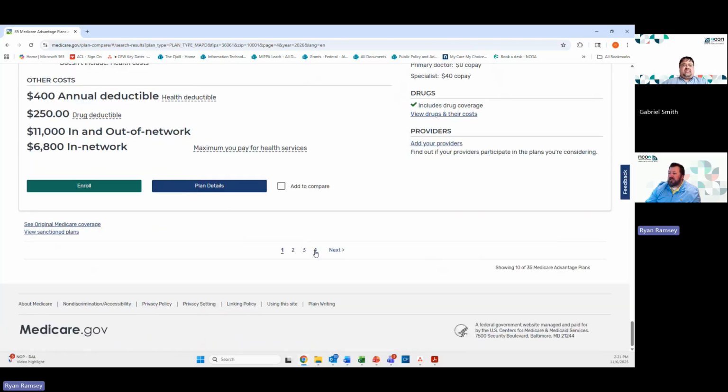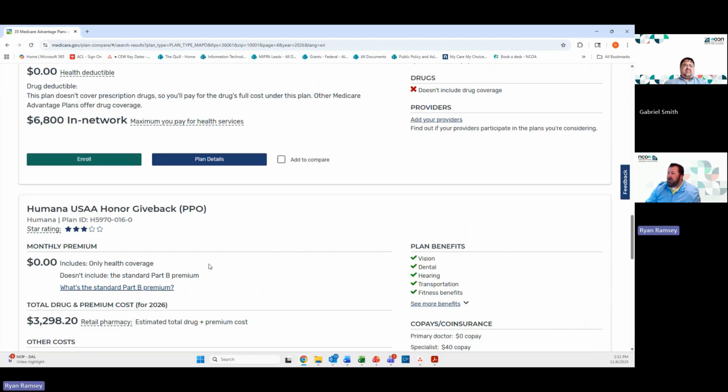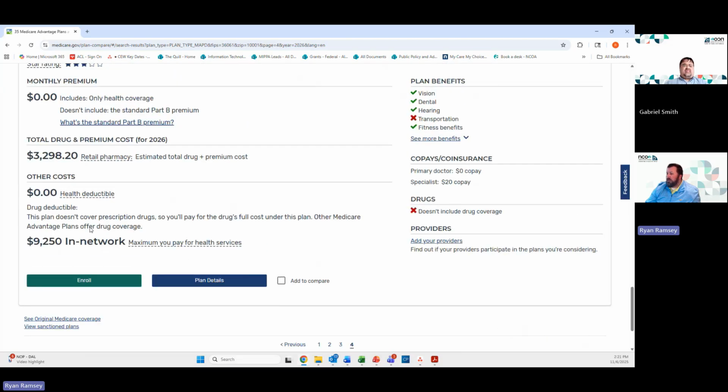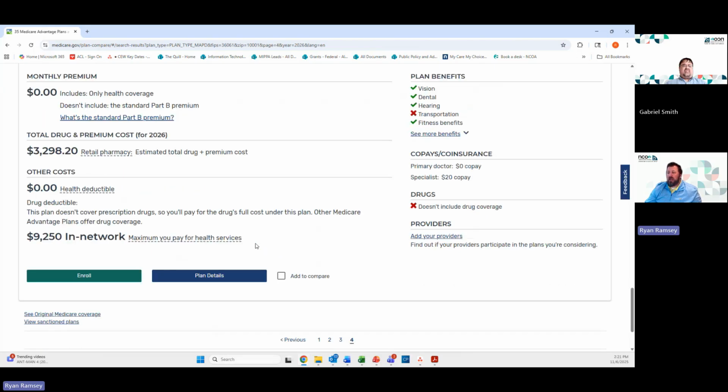I'm going to navigate to just the final page to show everybody the figure of the most expensive plan for next year, which would be $3,298.20, just to give everybody an idea of the amount of savings this person could have, as opposed to what would be the highest costing or least cost effective plan for a Medicare Advantage plan that they could select.